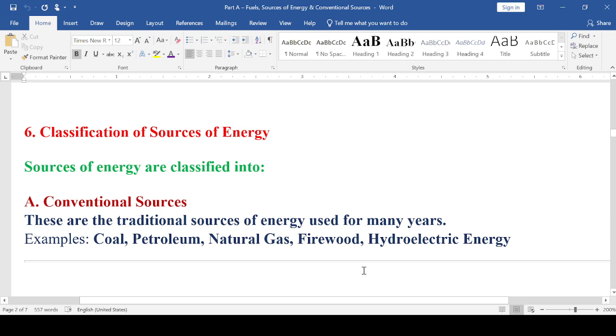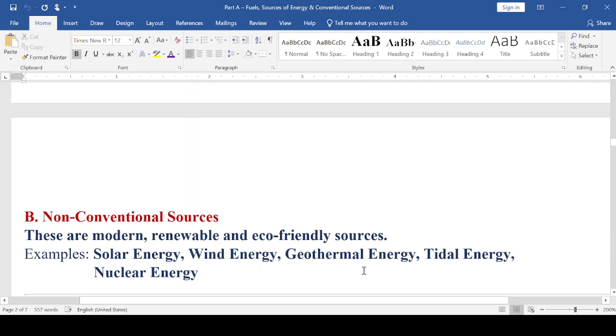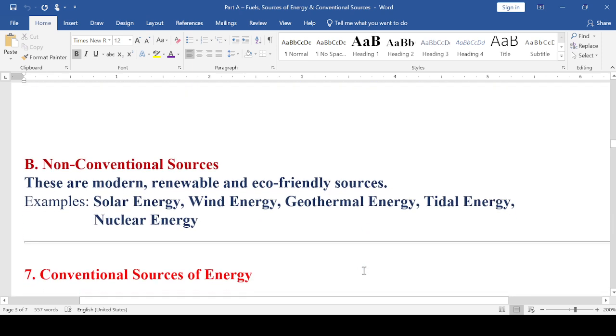Conventional sources are the traditional sources of energy which have been used for many years. Examples: coal, petroleum, natural gas, firewood and hydroelectric energy.